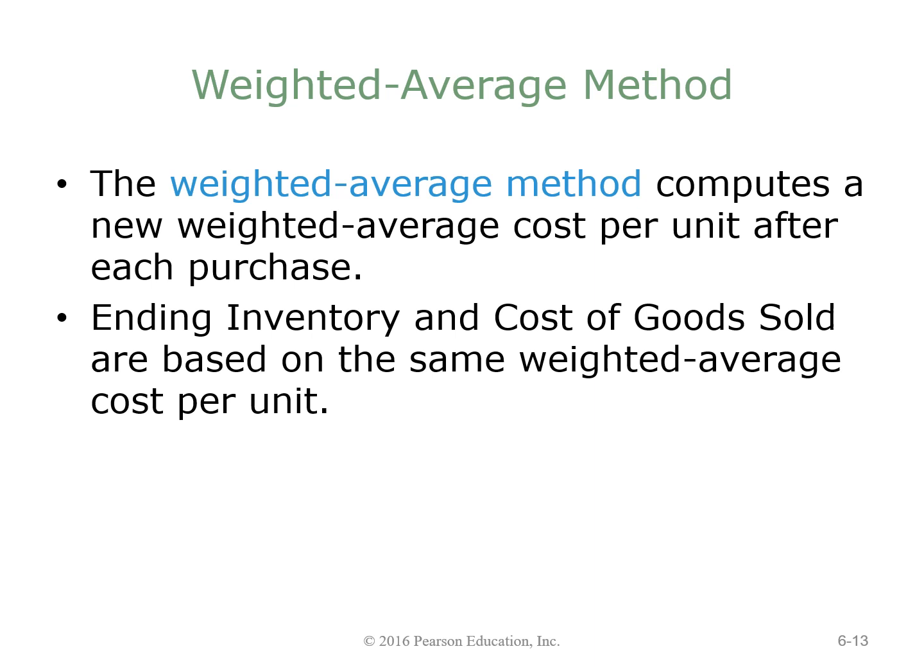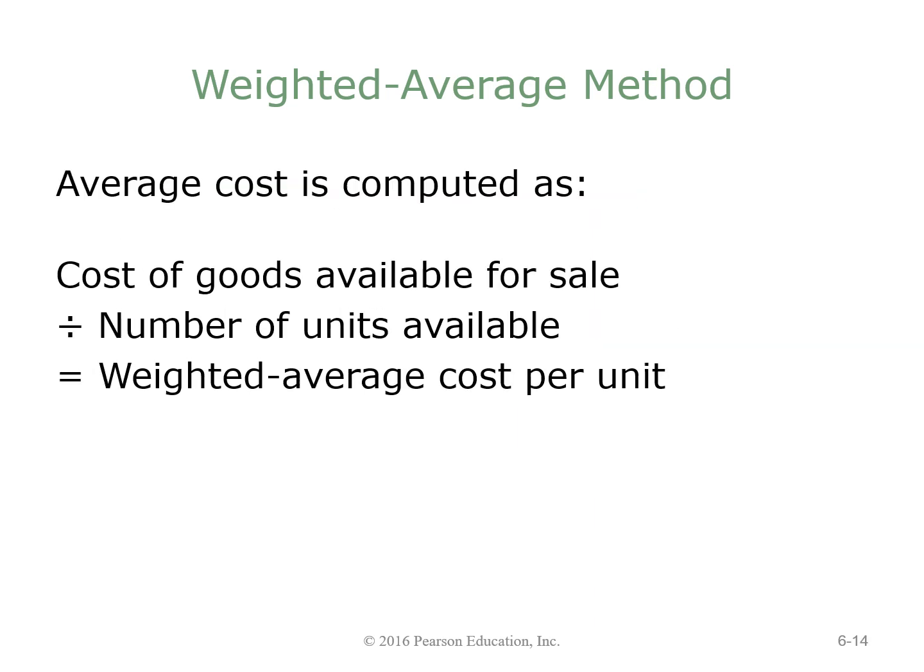So it doesn't matter if I get or sell from the last one or the first one. The ending inventory and cost of goods sold are based on the same weighted average cost per unit. The average cost is computed as cost of goods available for sale over the number of units available for sale, and this gives me the weighted average cost per unit.